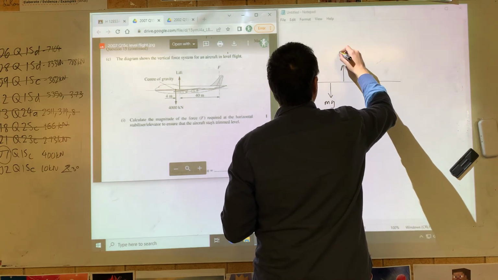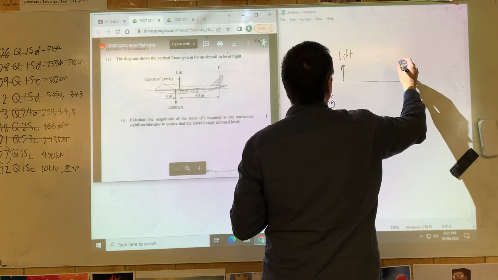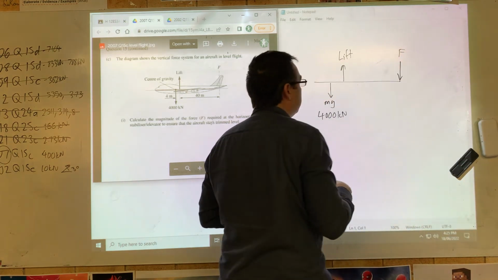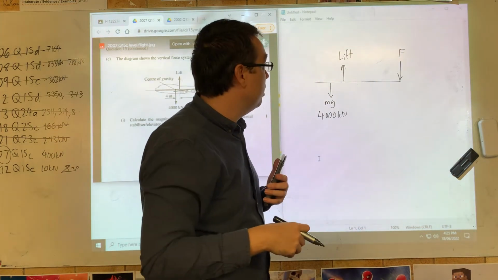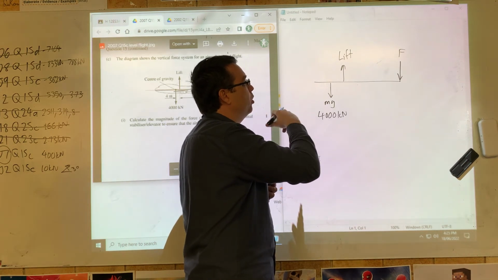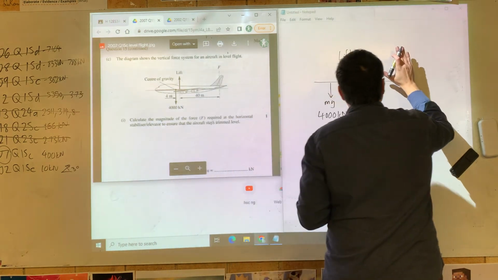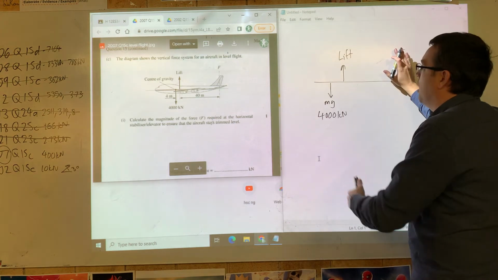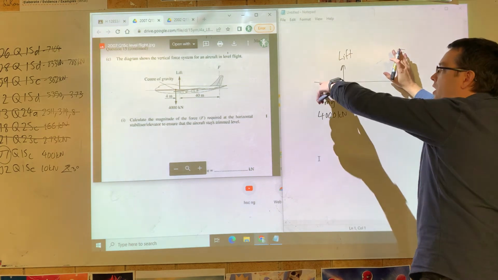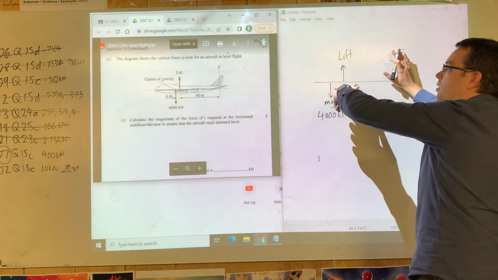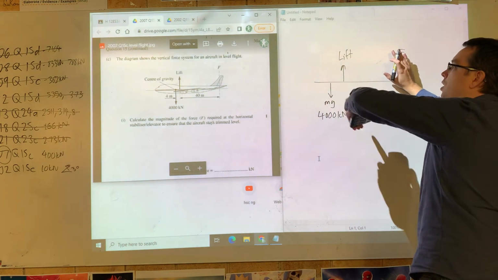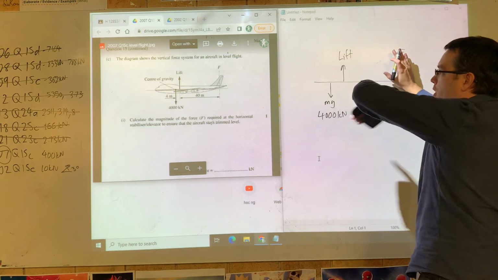They've told us lift, and then we have an additional force F. So when I started teaching about couples, I used this same equation, which is earlier in the book, to talk about how if we didn't have the force on the horizontal stabilizer, we'd have an unresolved couple, and that would mean that the plane, if there's ever a difference between the center of gravity of the plane, or the center of mass, and the lift, there's going to be, in this case, a clockwise spin.